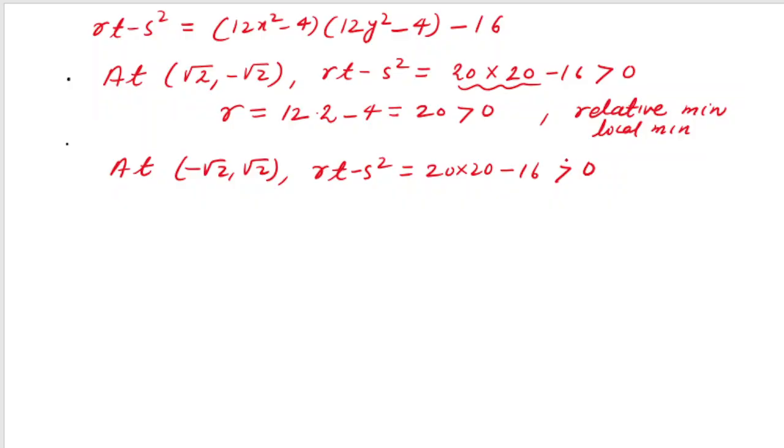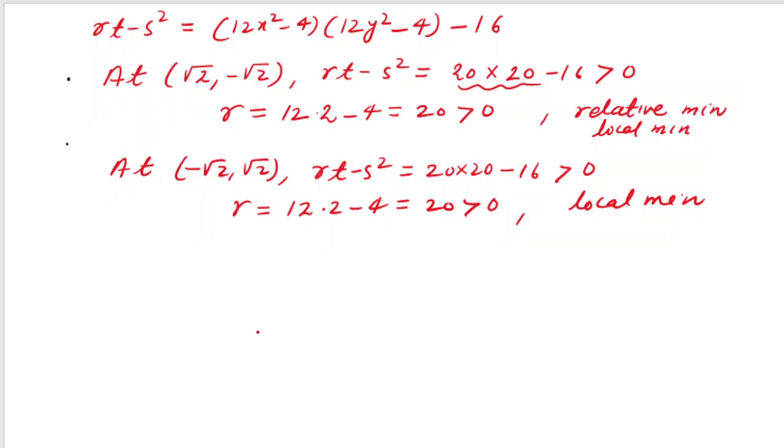Again, this is greater than 0, right? And then if it is greater than 0, I have to calculate r. So r is also 12 into 2 minus 4, that is equal to 20. This is also greater than 0. So this is also a point of local minimum.